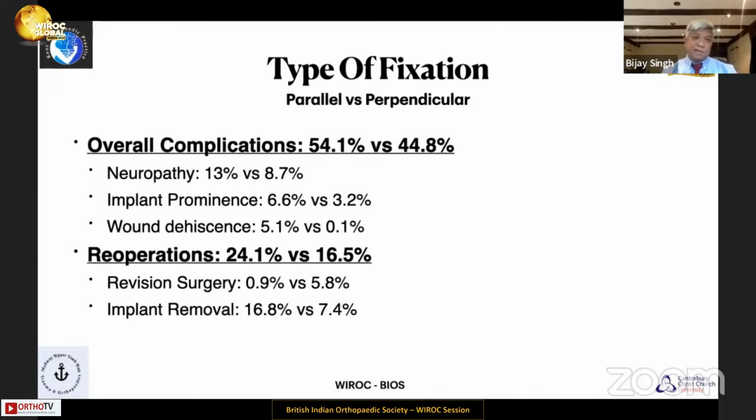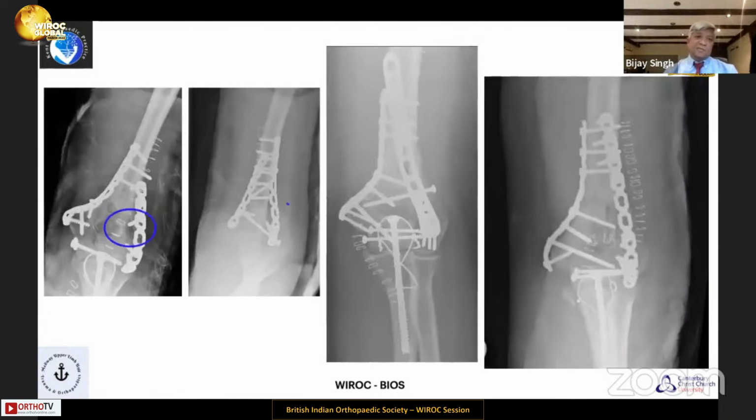However, the main difference is that revision surgery for failure of fixation is significantly higher in perpendicular plates compared to parallel plates. It's just from my failures, looking at what I found over the years, if a patient has a metaphyseal comminution, especially on the lateral side, I've found these to have caused problems over the years.